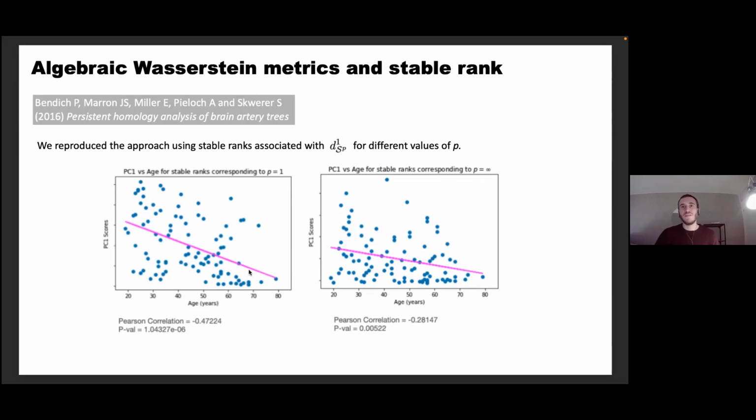And we think this represents the same phenomenon because for low values of P, the algebraic Wasserstein metrics give more relevance to a high number of short bars, which are usually overlooked applying metrics with high values of P, which give more relevance to highly persistent features.